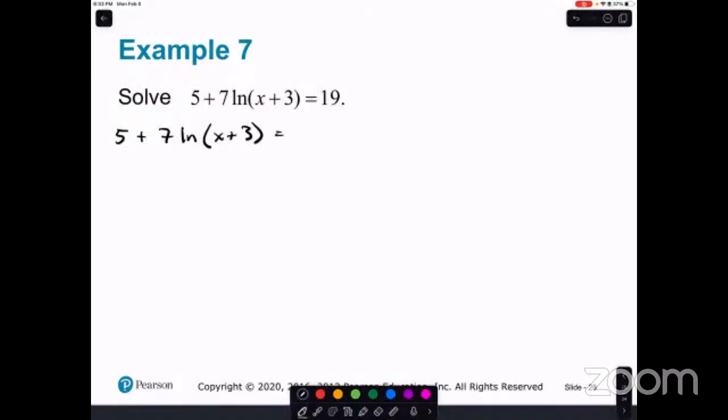Okay. So then what? Since we're adding 5, the inverse operation is going to be subtract 5. I'm just going to put the result. So if we subtract 5 from both sides, we get a 14 over here. Then what? Since we have 7 times the log, the inverse operation is going to be what? Division. So we divide both sides by 7.